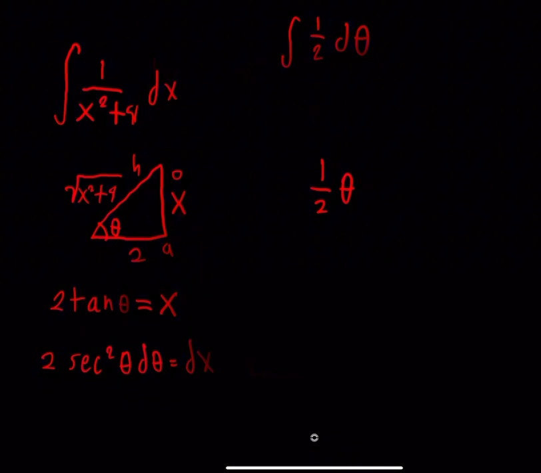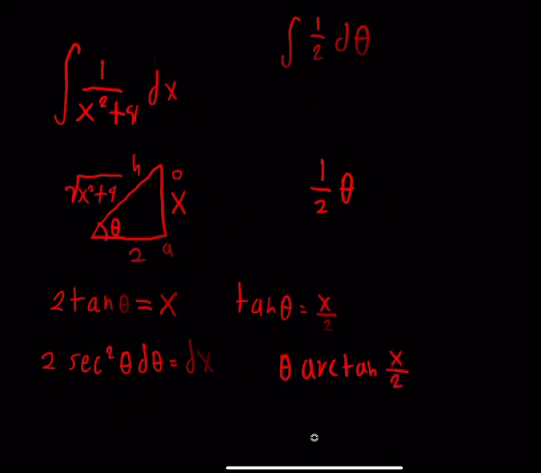Now this isn't the final solution because we want it in terms of x. So what are we going to do? We're going to move the 2 here and we're going to put theta in terms of x. We're going to get tangent theta is equal to x over 2, and theta is equal to tangent inverse, or in this case, you're going to have to learn this type of notation and use it more frequently, arctangent of x over 2.